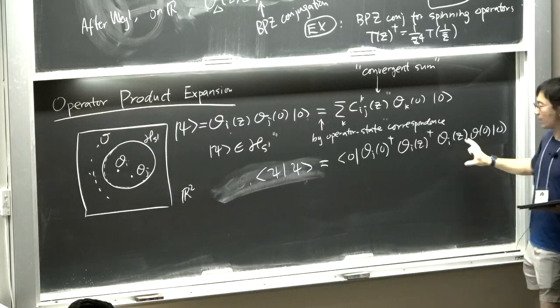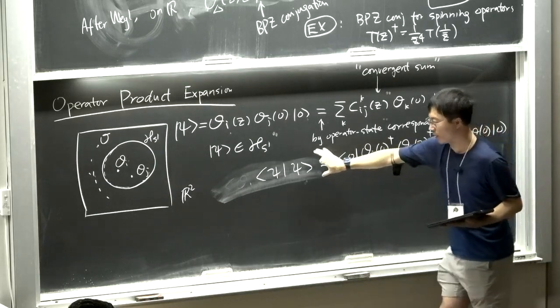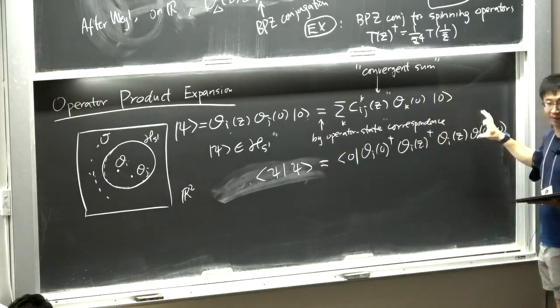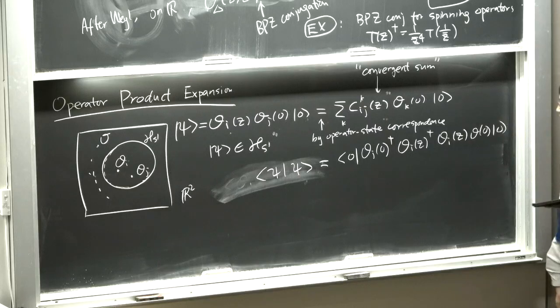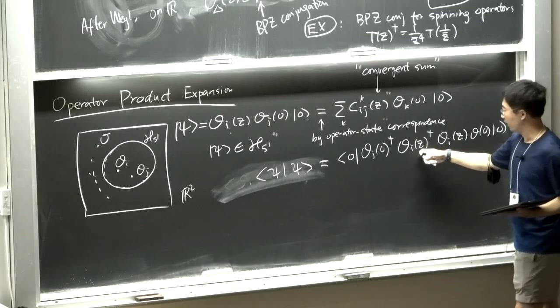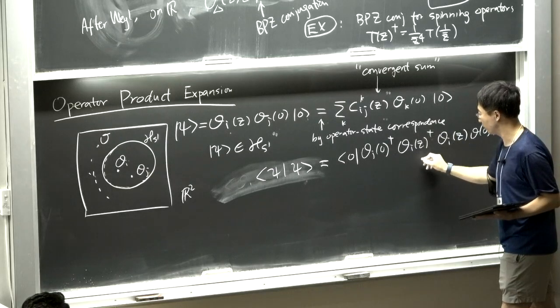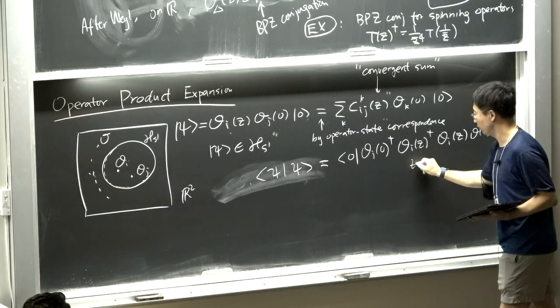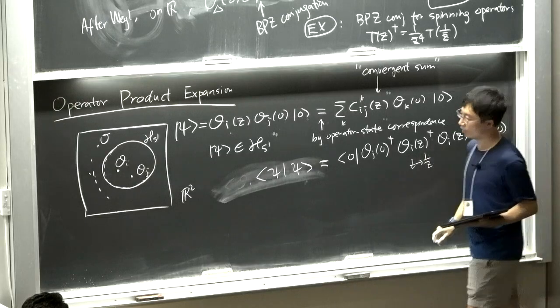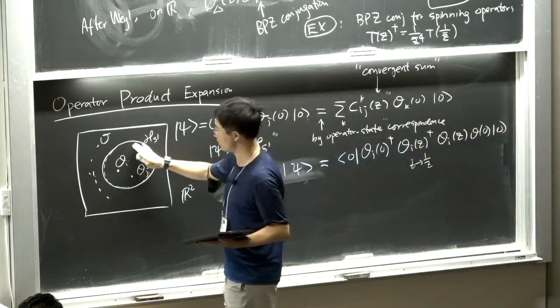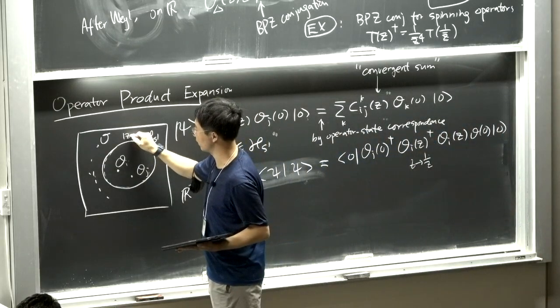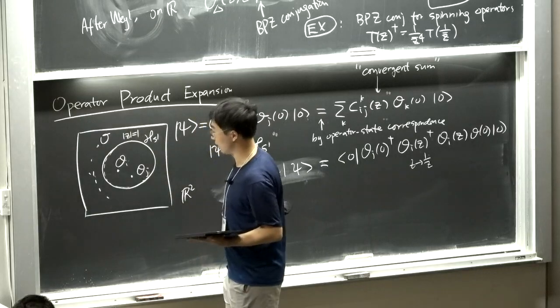And why is this? This being normalizable means that the right-hand side needs to be something finite. And the reason it's finite is because this operator, after taking the BPZ conjugation, will be inserted at a different location where z is mapped to 1 over z. And here, let me be precise, I'm taking this circle to be located at unit distance from the origin.